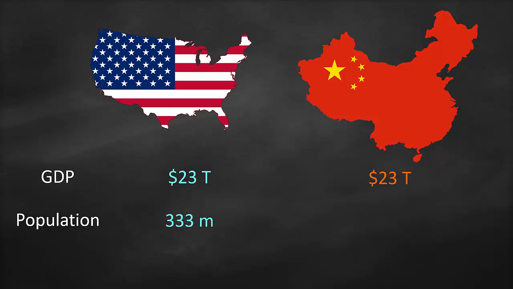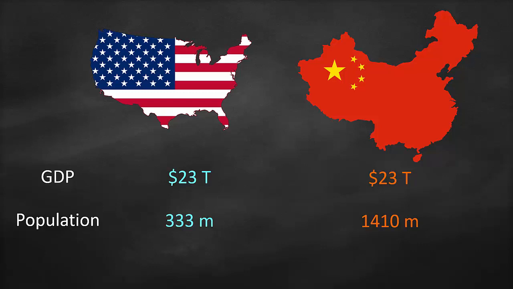So this 333 million people produced goods and services of $23 trillion. But what about China? They have 1.4 billion people. So this 1.4 billion people produced $23 trillion of goods and services.